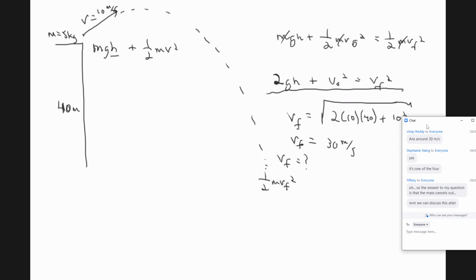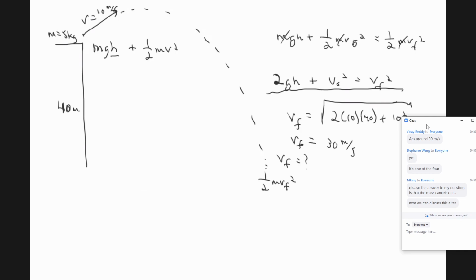The reason being, I think everyone did really well with work and energy, and they did horribly with forces and kinematics, is that work and energy are all scalar terms, as opposed to kinematics and forces, which are all vector terms, which is why we needed to decompose them, break them into different components, and then recombine them. But with work and energy, you're just simply plugging into the equation.